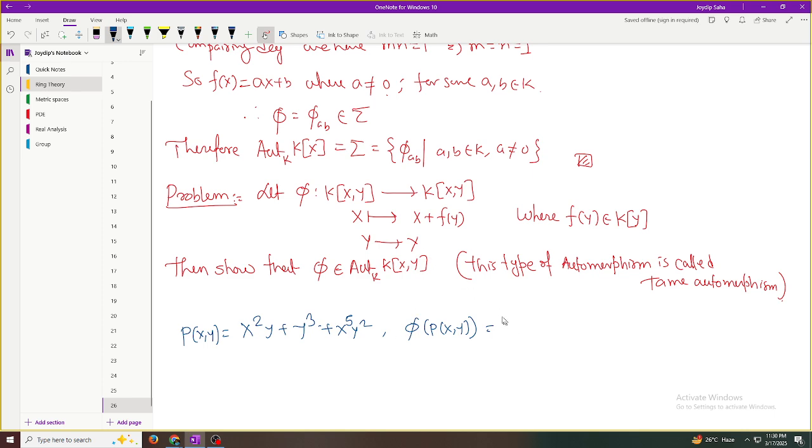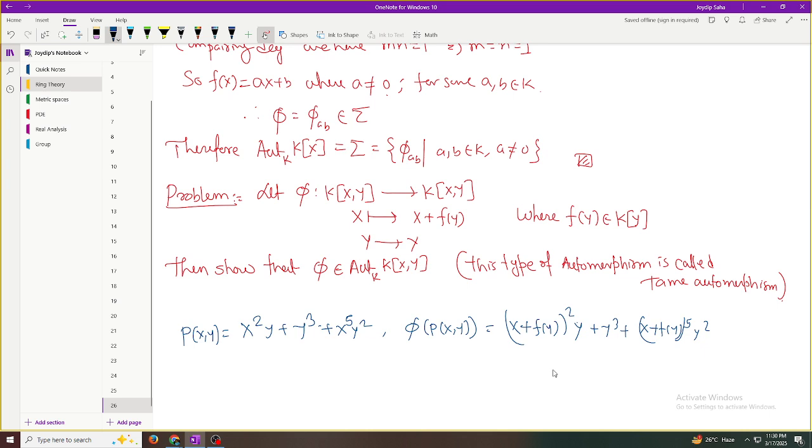You just put in, this type of writing is a k algebra or R algebra ring homomorphism. So instead of x, we will put x plus f(y), squared, and y goes to y.